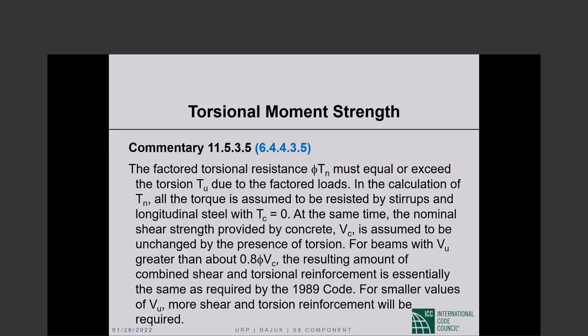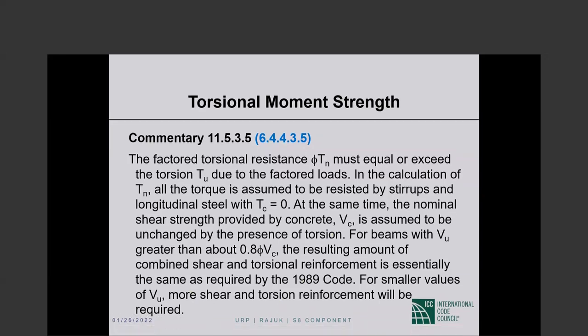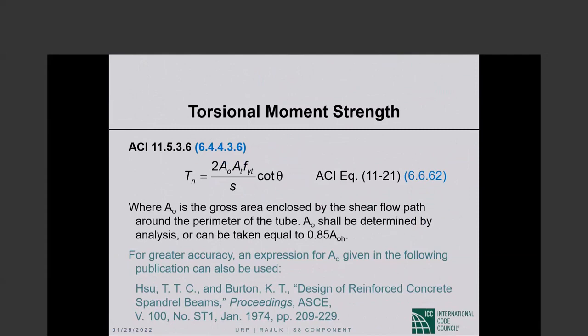This is kind of important. This is an assumption. The commentary on beams with V sub u greater than about 80% of phi times V sub c is comparing with the older code before the thin wall tube analogy was introduced.